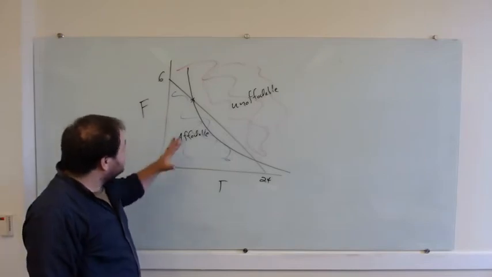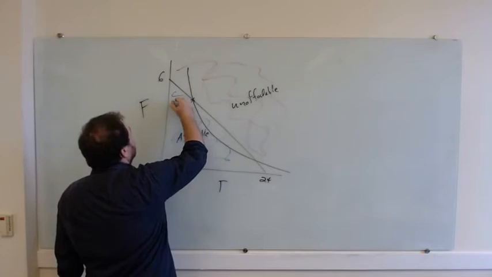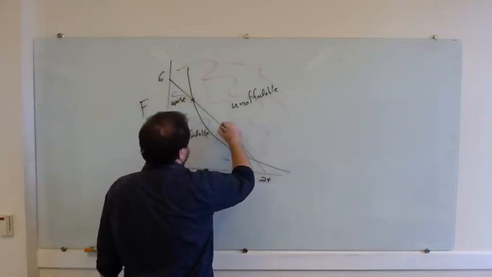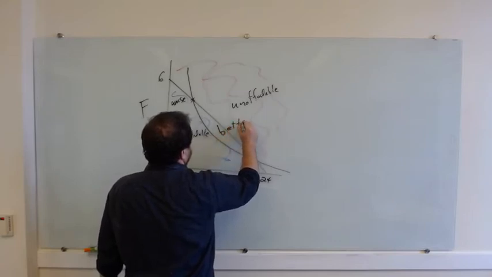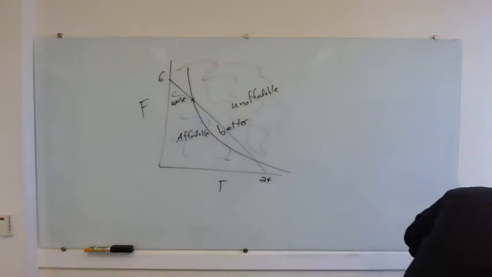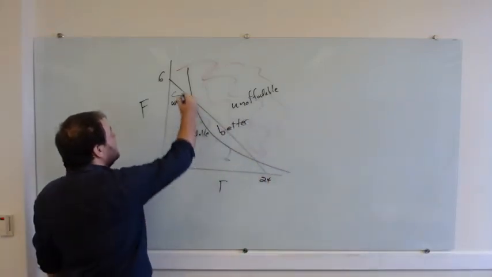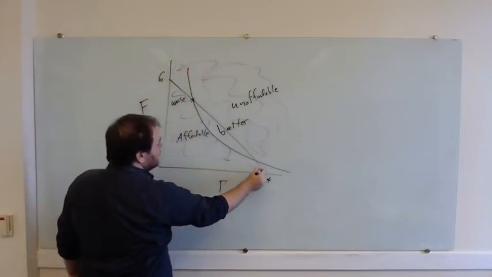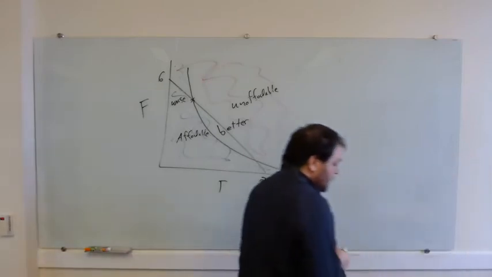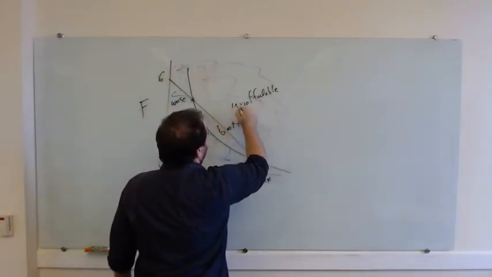In this case, it's going to separate them into options that are worse and options that are better. Everything below the indifference curve is worse than everything on it, and therefore worse than this choice that we were considering. So all of this is worse. And everything above the indifference curve, which is this area here, is going to be better.